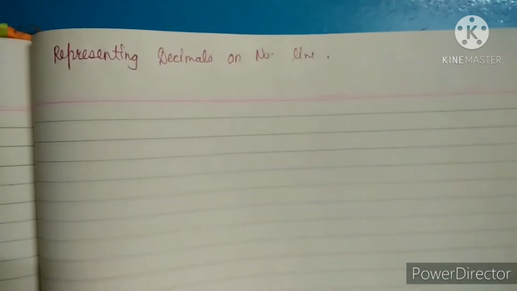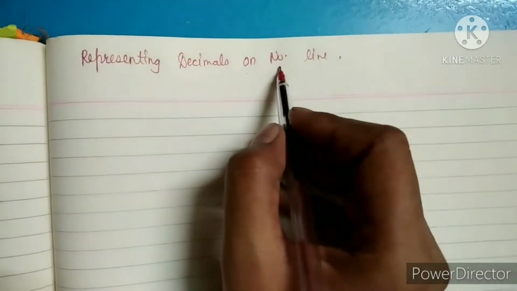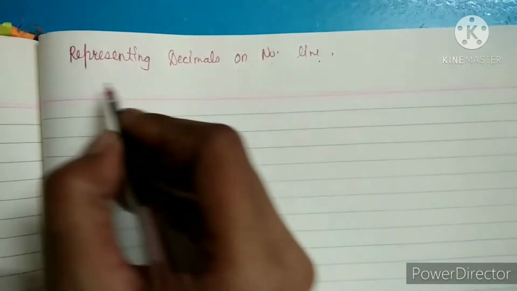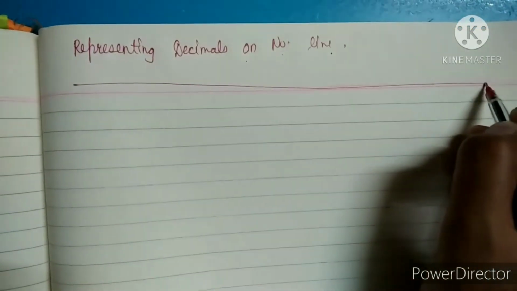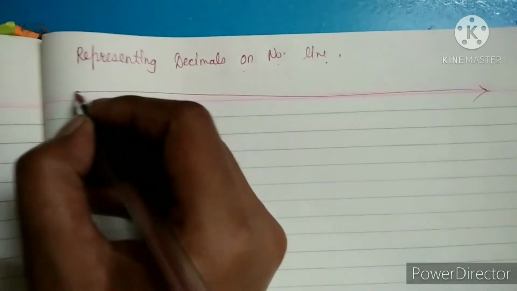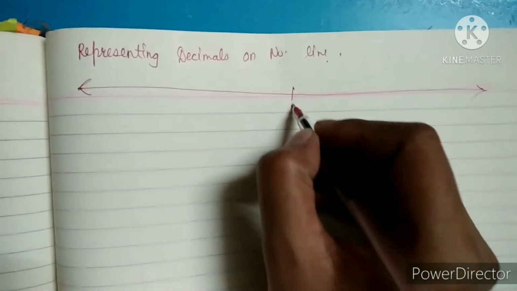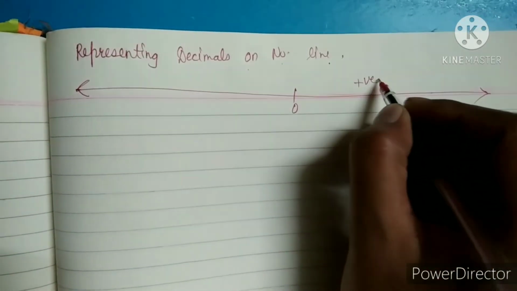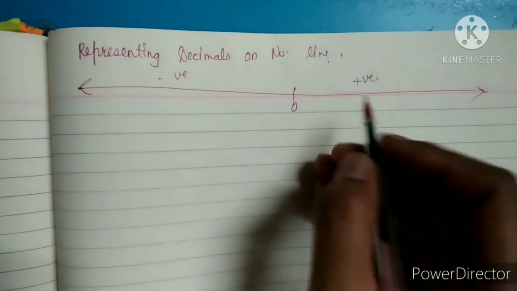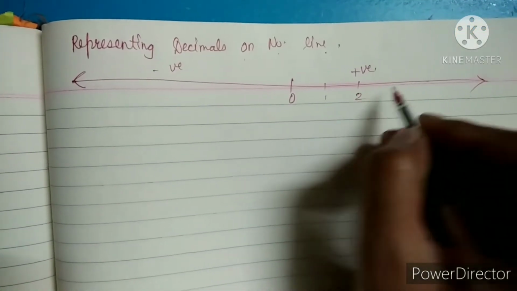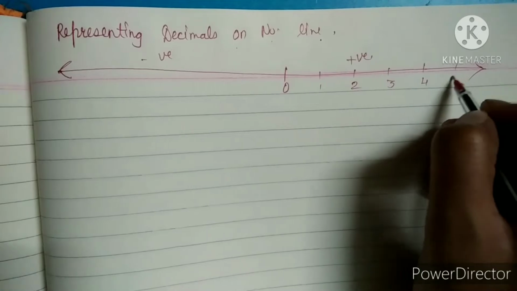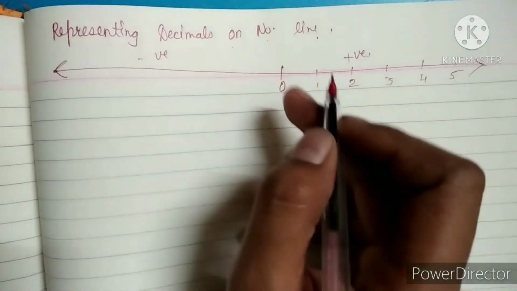Okay. Our new topic is representing decimals on a number line. We have seen in whole numbers and integers that we have a number line. A number line is a collection of 0, positive integers and negative integers. Here we have positive 1, 2, 3, 4, 5 and so on.